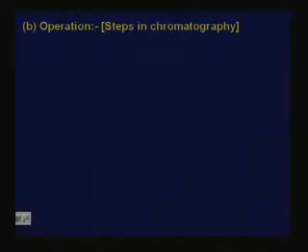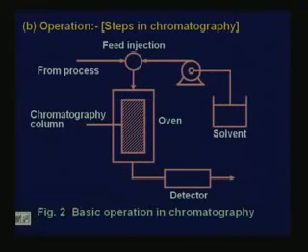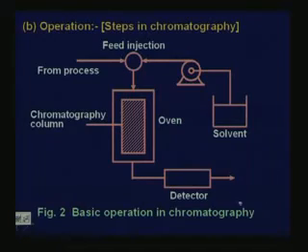Operation, let us look at the steps in chromatography. You see here we have just changed the directions. From the feed injection, the solvent is here, the feed injection, it can be the other way also. In this case it may come through gravity, in the other case we have to use a pump. So, the basic operations in a chromatograph: after this it will go to a detector, and after this it will go to a recorder.